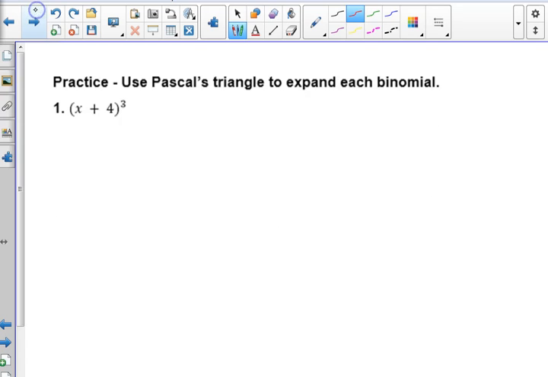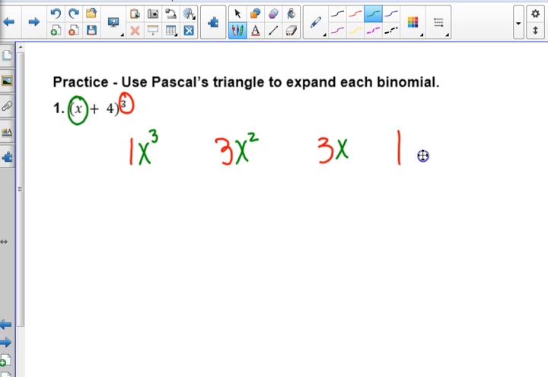We are going to skip straight to this question. We're going to take the third row of Pascal's triangle. We don't have an A, we have an x. So this is going to be x to the third, x squared, x, and no x's.